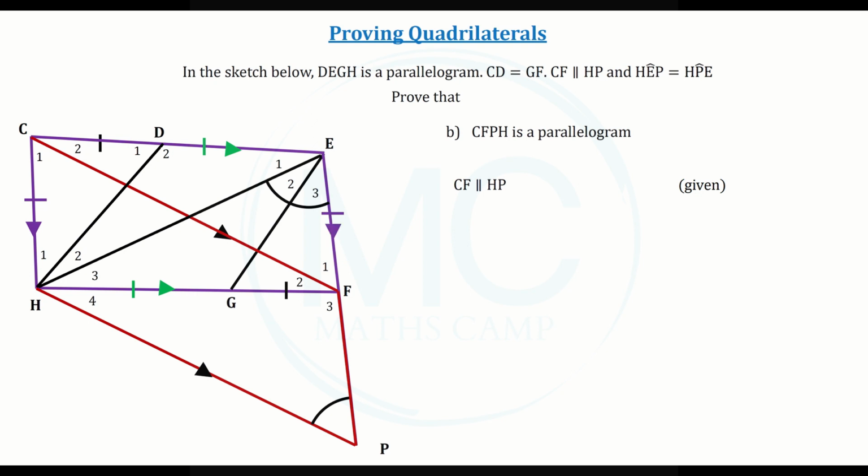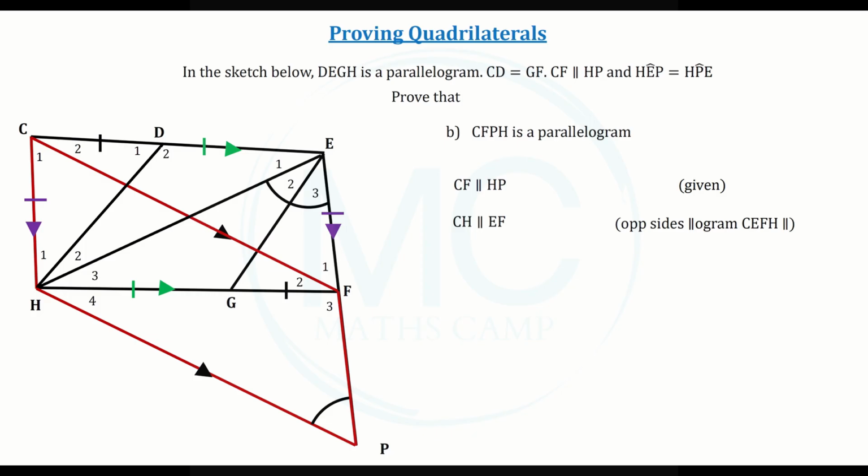Now we can take the purple parallelogram out of the diagram. We are looking for a pair of parallel lines, and we now know that CH is parallel to EF because the opposite sides of parallelogram CEFH are parallel.